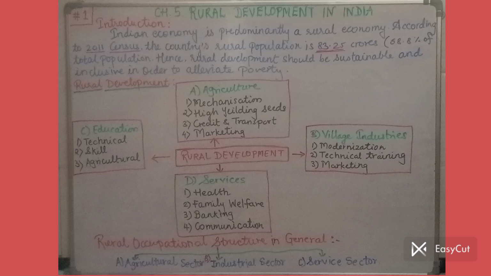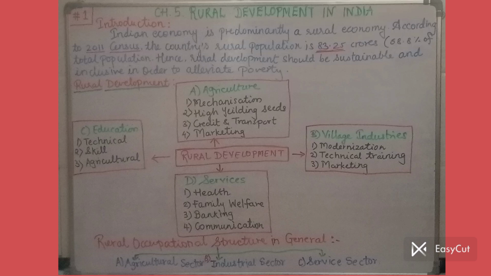And also, marketing should be done in order to sell the products of these industries. Whenever we say village industries, we mainly refer to the small and cottage industries. So those industries should be modernized, technical training should be given and marketing should be looked into.